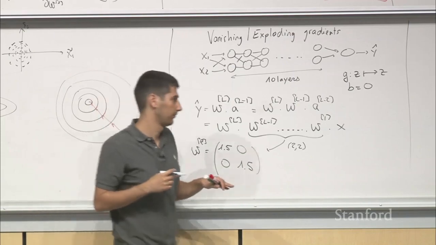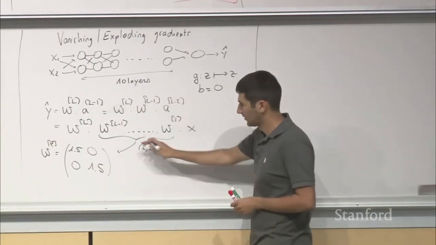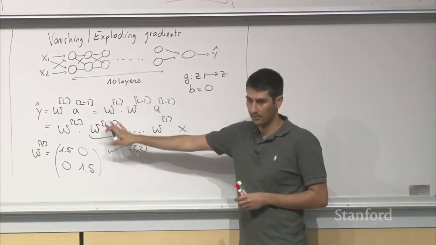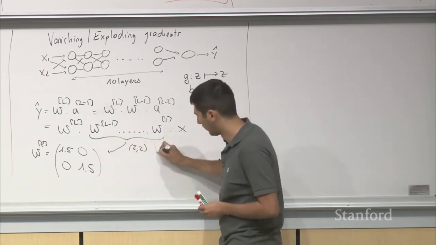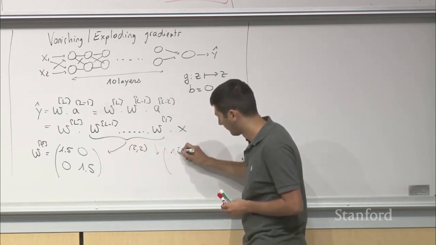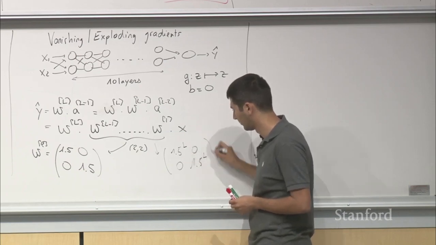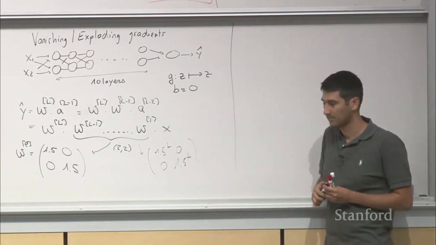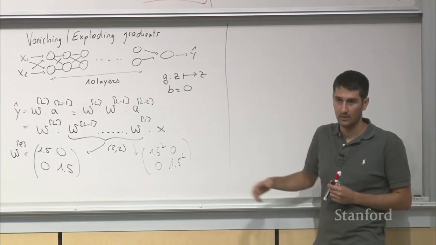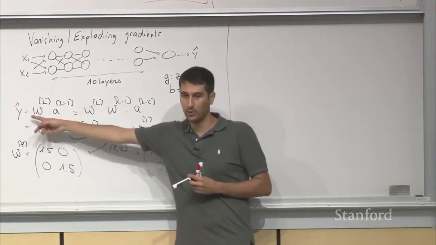What's the consequence? The consequence is that this whole thing is going to be equal to 1.5 to the power L, 1.5 to the power L, 0, 0. It will make y hat explode.